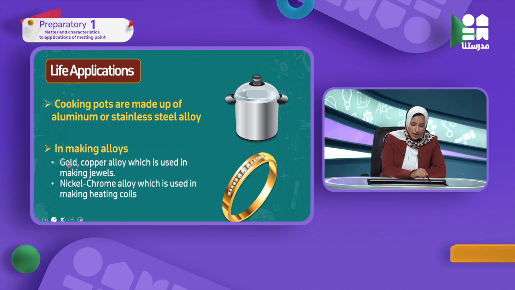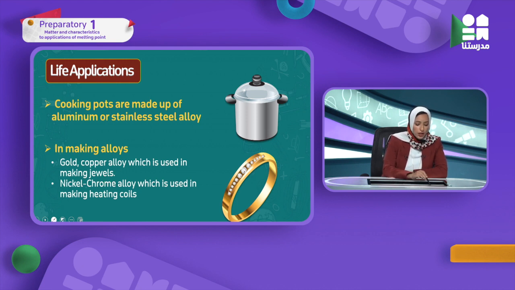Another thing is nickel chrome alloy, which is used in making heating coils. Nickel chrome is the name of the alloy. What is an alloy? An alloy is actually a mixture of two substances together. As you can see here, what is the alloy made of? Nickel and chromium.